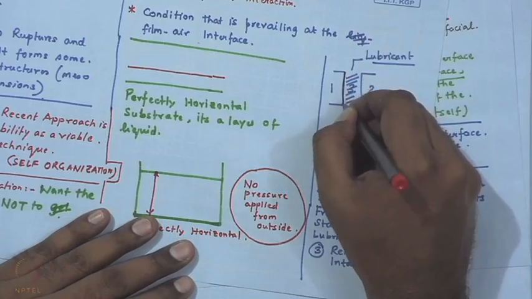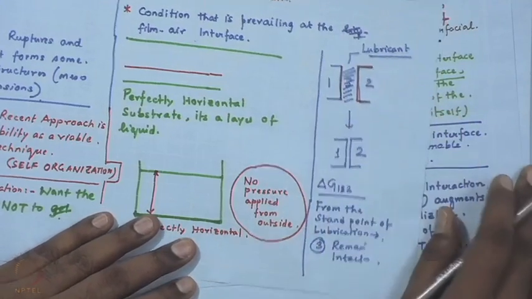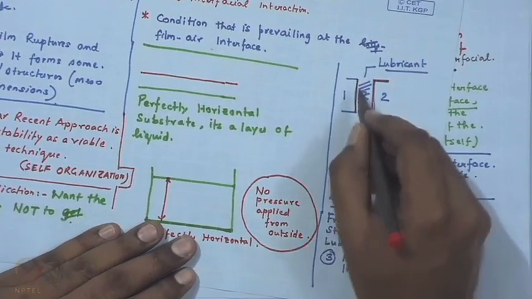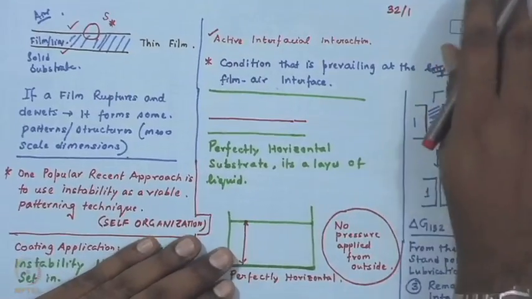When we talked about this lubricating film yesterday, here also the condition was that this film would remain stable if there is a repulsive intersurface interaction between the 1,3 and the 2,3 interfaces.